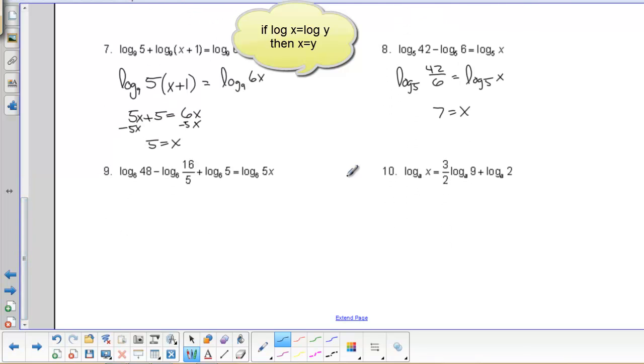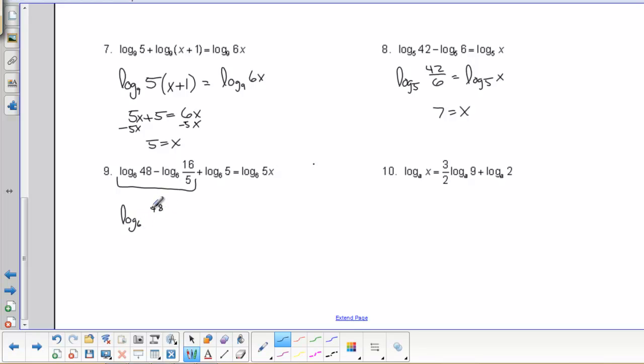Finally, question number 9 and question number 10. Question number 9, we're going to go ahead and solve in 2 separate steps. I'm going to begin by condensing the first part of the equation, and then I will condense the second part. So log base 6 of 48 divided by 16/5 is where I'll begin. 48 divided by 16/5 is 15. So I'm going to rewrite this as log base 6 of 15 plus log base 6 of 5.